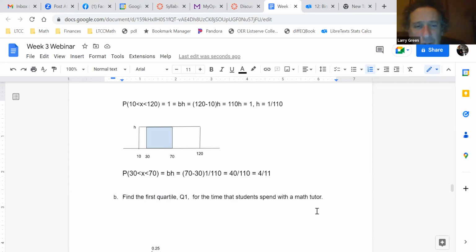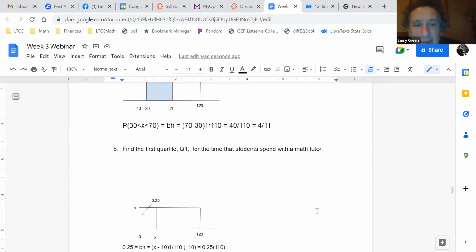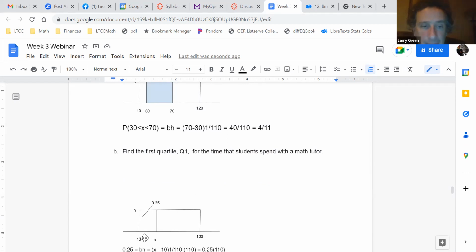So the first quartile is a number here that we don't know yet, but what we do know is that the area, or the probability of being less than that number, is 25% or 0.25. That was the definition of the first quartile: 25% is less than that number. Okay. Any questions on that?